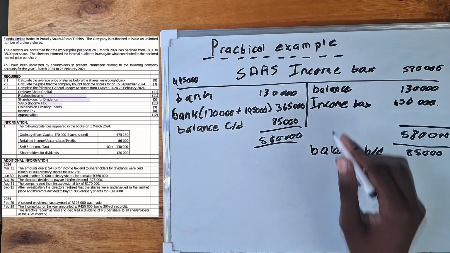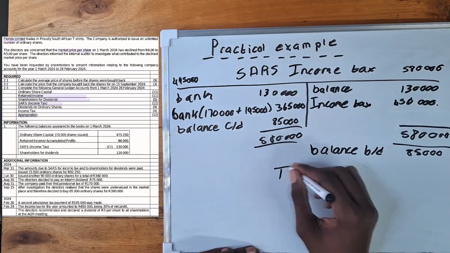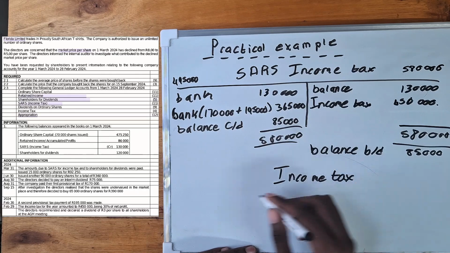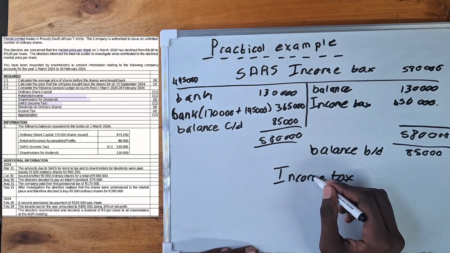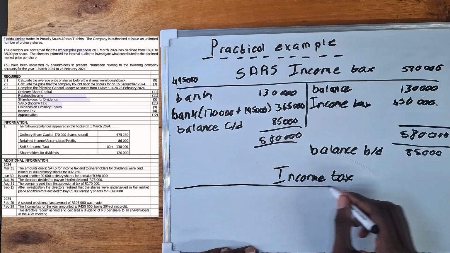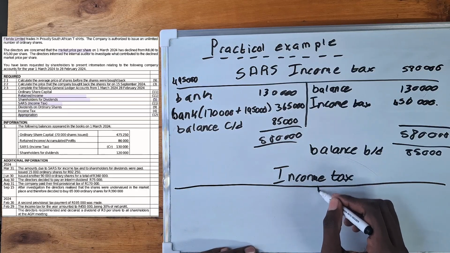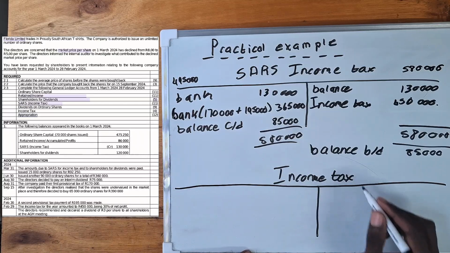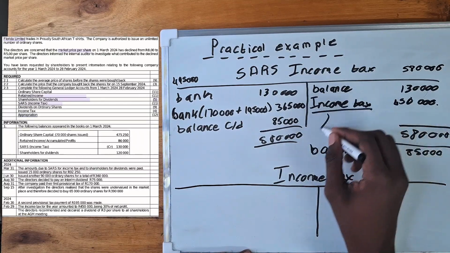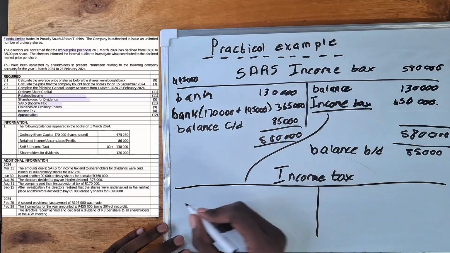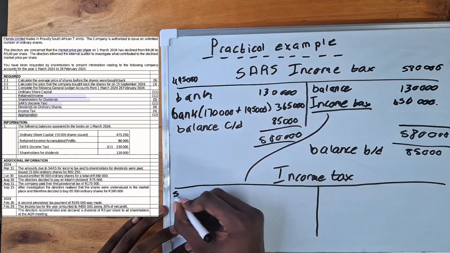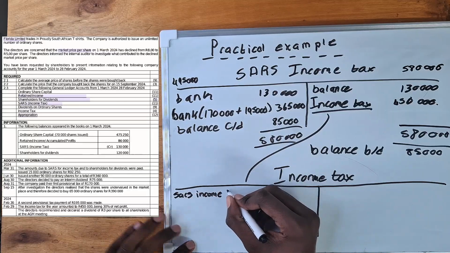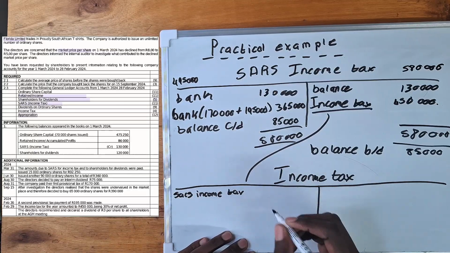And then the next one that we are going to do now is income tax, because like I said, these things are always related to each other. So income tax, right? So here it is very simple, guys. All you need to do is just take this and bring it to this side. So we write the name of the account, which is SARS income tax, right?